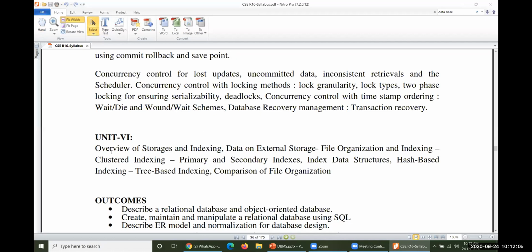However, this unit is mainly focused on two different types of things. Number one, data storage: how the data can be stored on disks, and what are the different kinds of data storage units available for databases. And a very important thing is indexing. This is very important because indexing is one specific kind of operation where the data will be picked up from the databases or secondary storage devices at much faster rates.